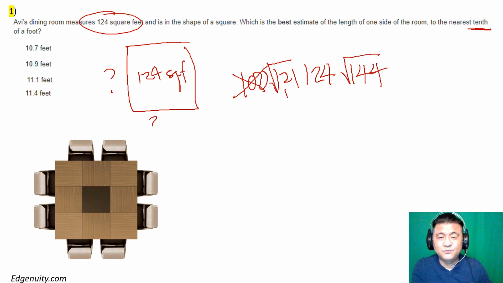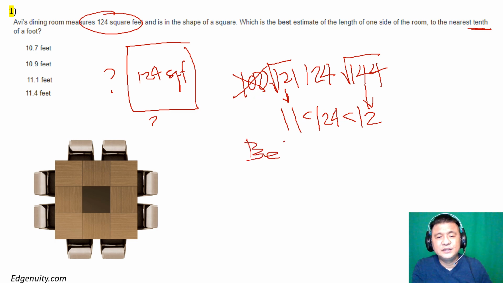What is the square root of 121? 11. What is the square root of 144? 12. Where did I see that? From my table. So you know that the square root answer should be between 11 and 12.